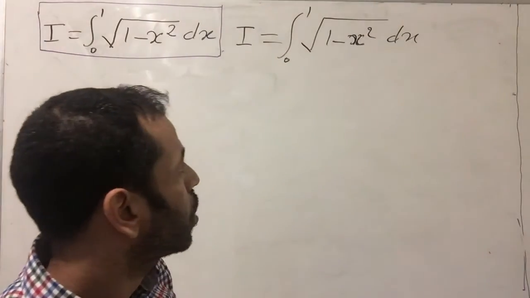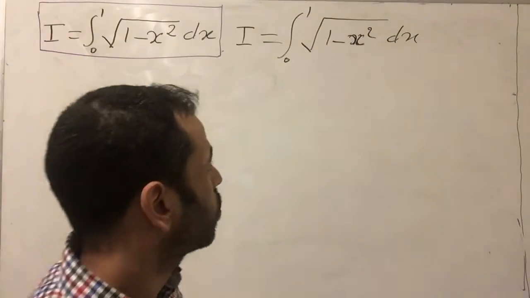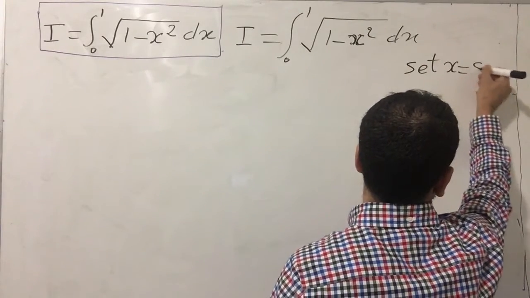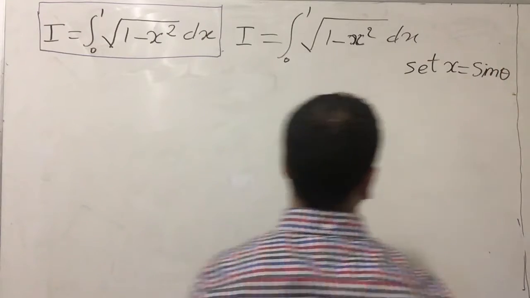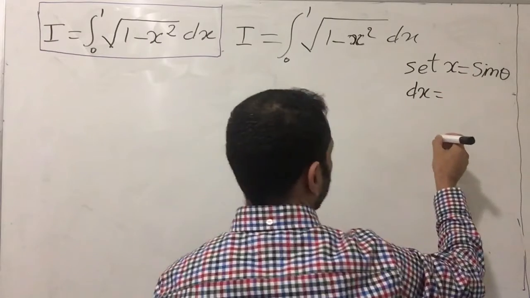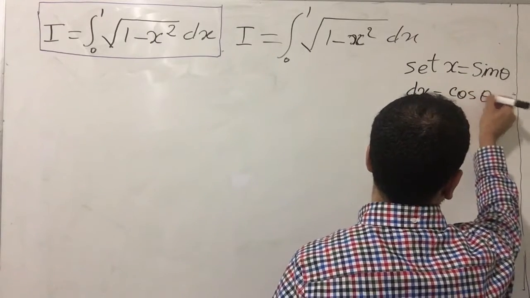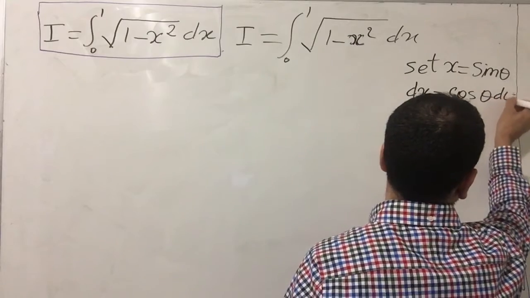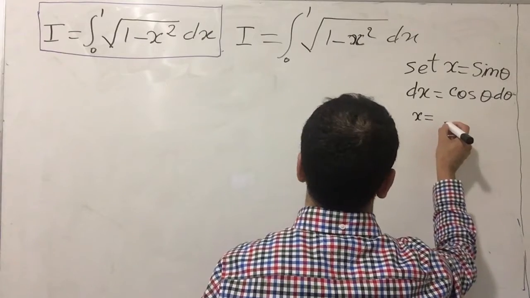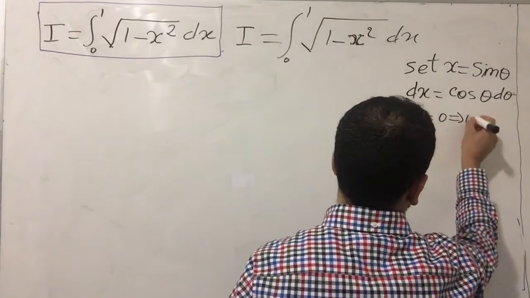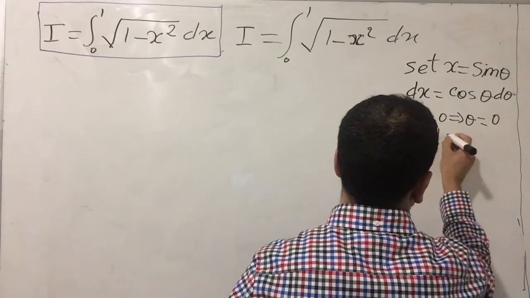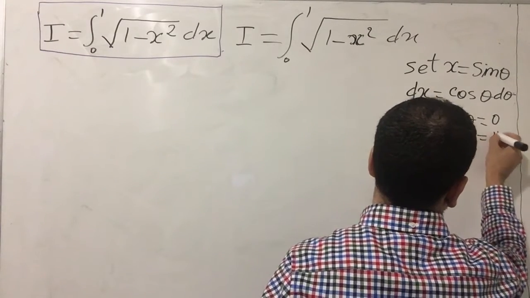So the best way now is to set x equal to sine theta. If you differentiate this, you have dx equal to cosine theta d theta. Now for the bounds: if x equals 0, then theta equals 0 as well. If x equals 1, then theta equals pi over 2.